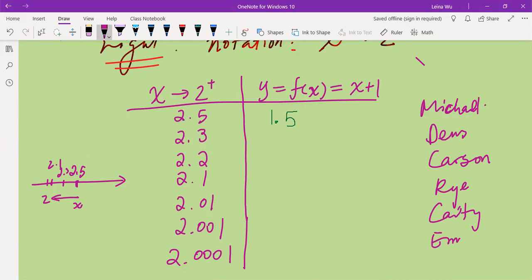Emma for the sixth one. And Jordan for the seventh one. Go ahead and enter your value. Michaela, the function is x plus 1, adding 1. Is it 1? Yeah, there you go.